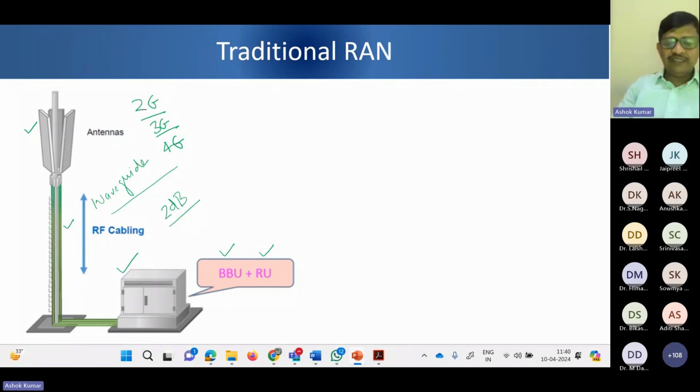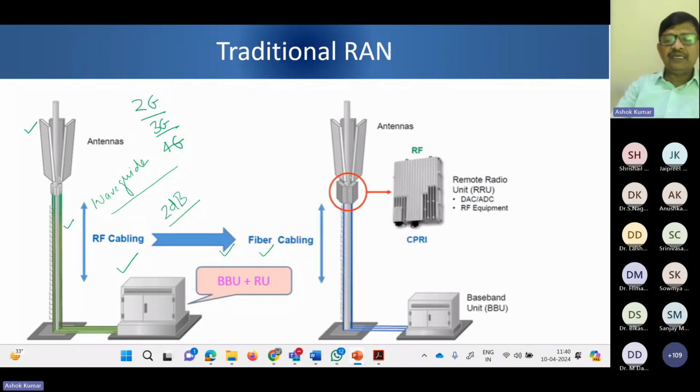To avoid this, the industry took the RU part near to the antenna, either as part of the antenna or just below it. So the RU was shifted from the BBU to the top of the tower, and the BBU remained at the bottom.